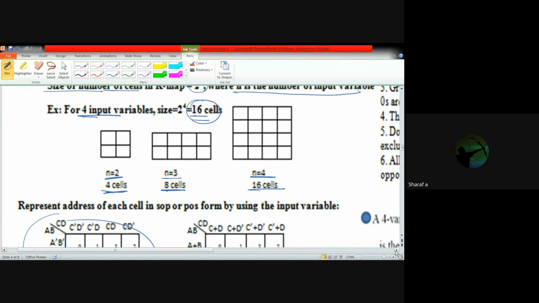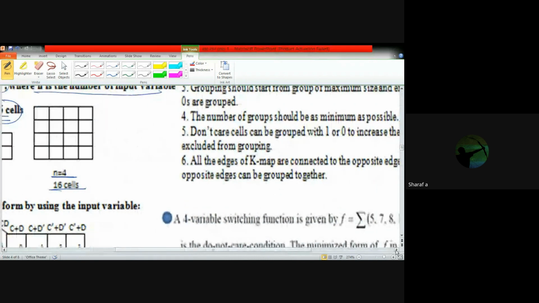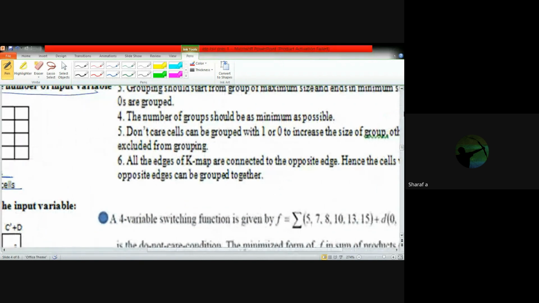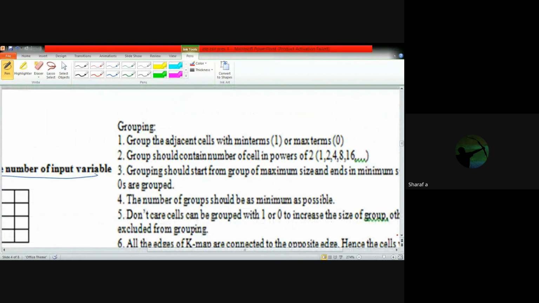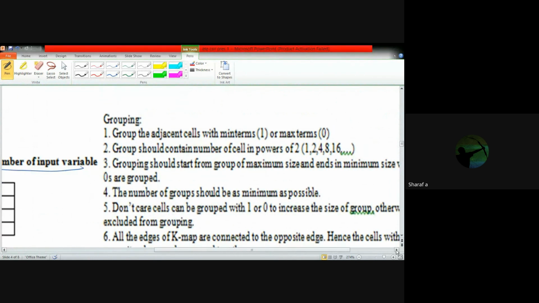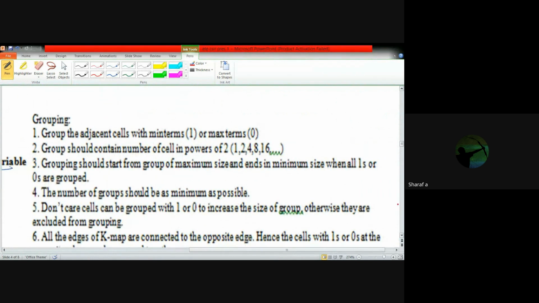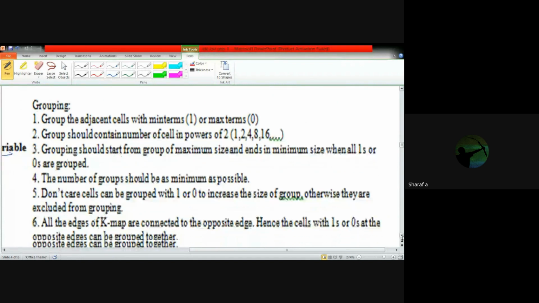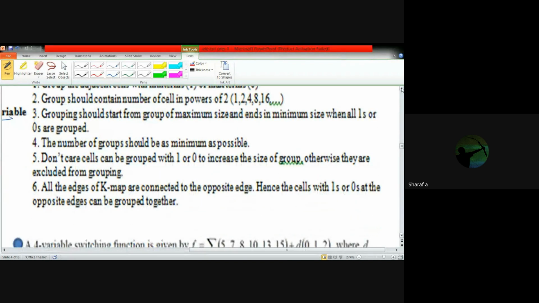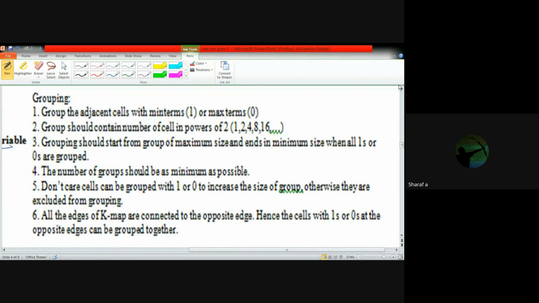When you do the problems, you will understand each and every step very clearly. So these are the steps involved in grouping. These steps must be followed when you simplify the expression. So far, if you have any doubt, you can ask.